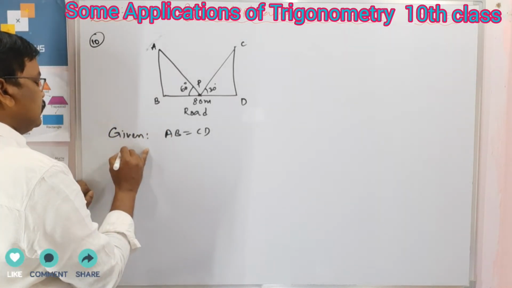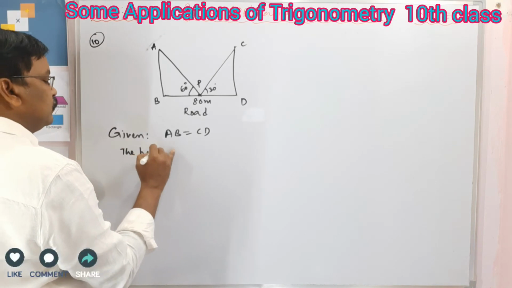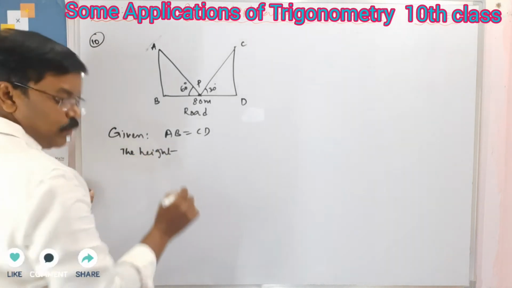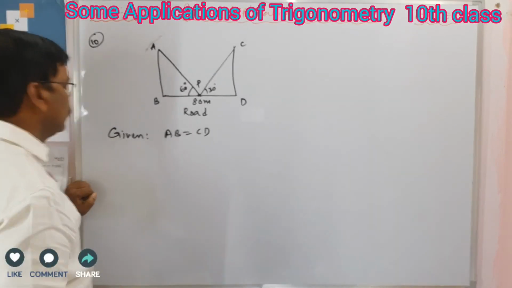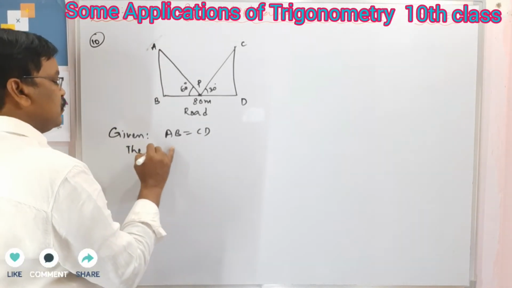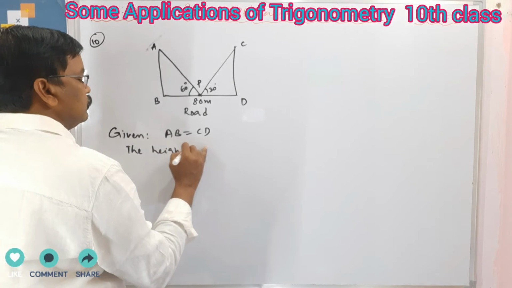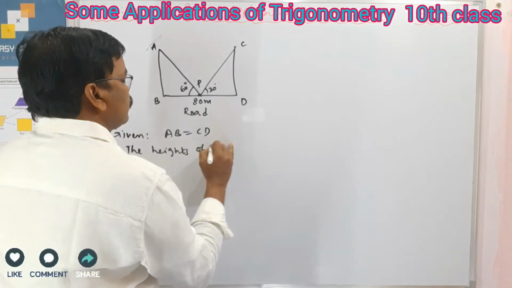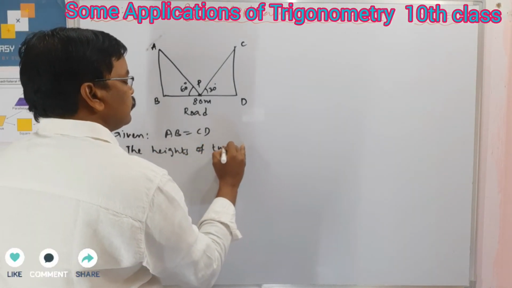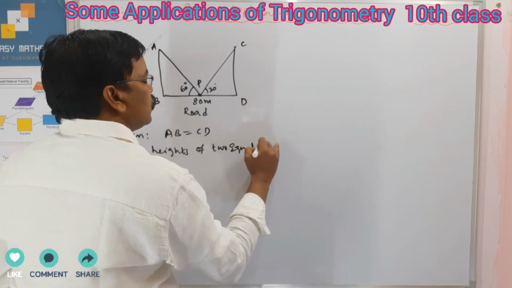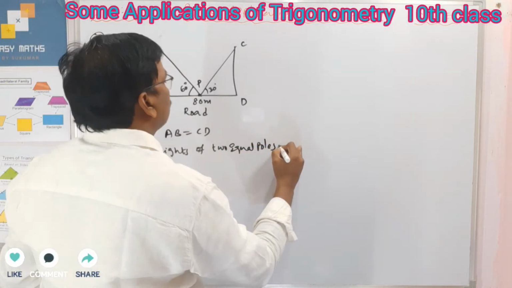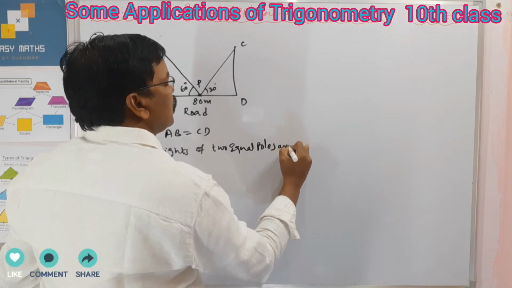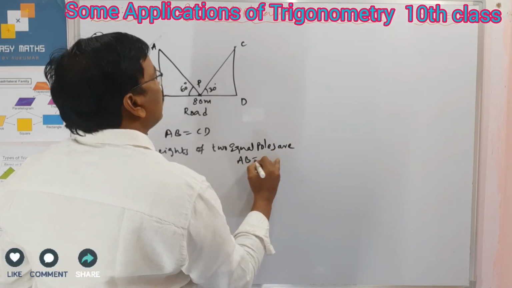Let me write the heights. The heights of the two equal poles are AB and CD.